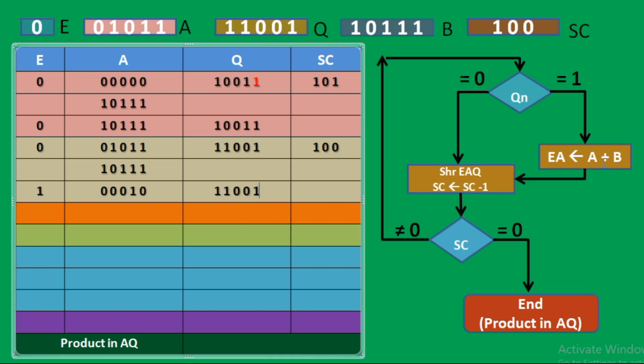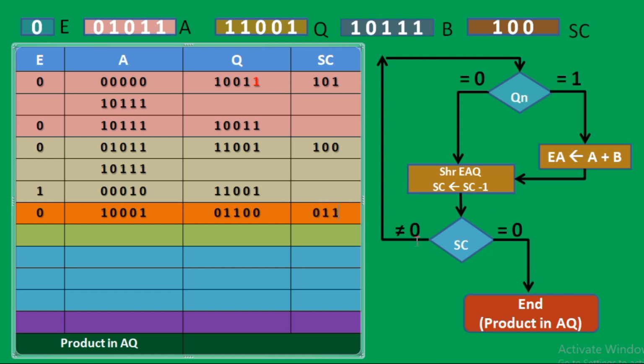After adding, the next step is shift right of EAQ. The last 1 is discarded. Decrease the counter value, it is 3 now.